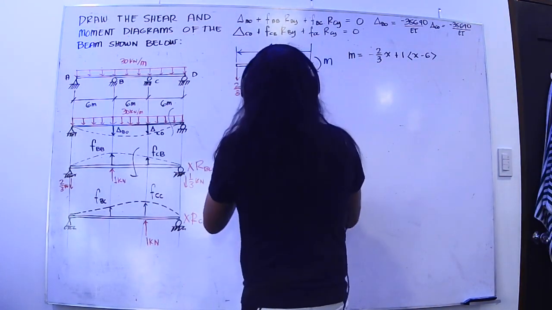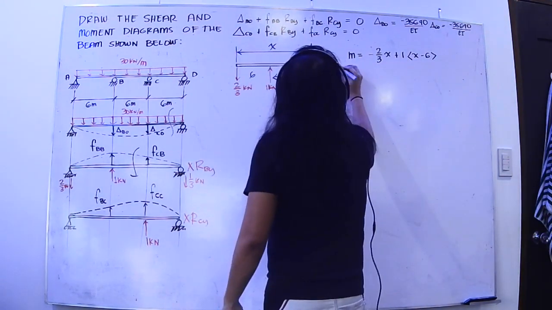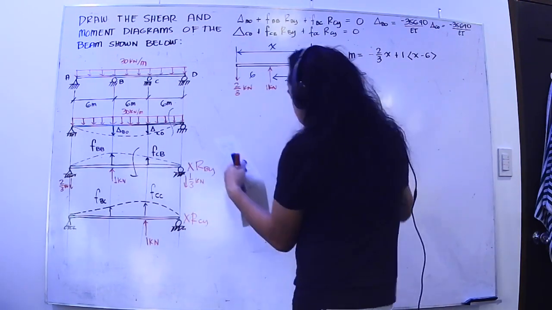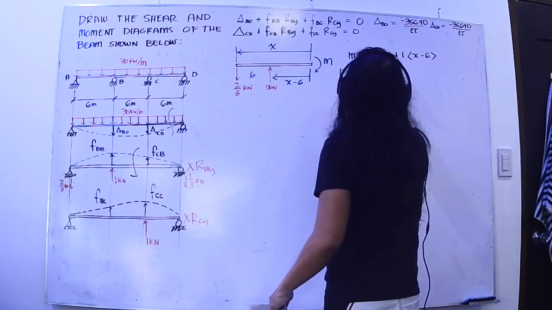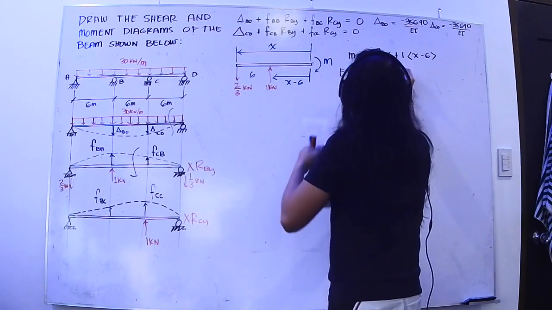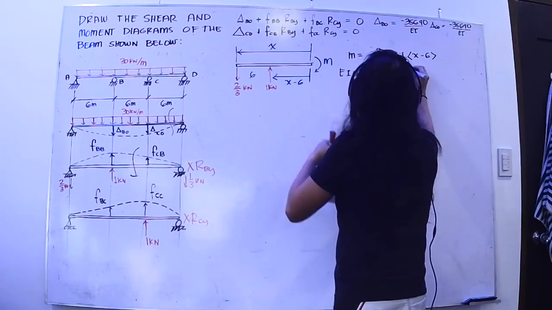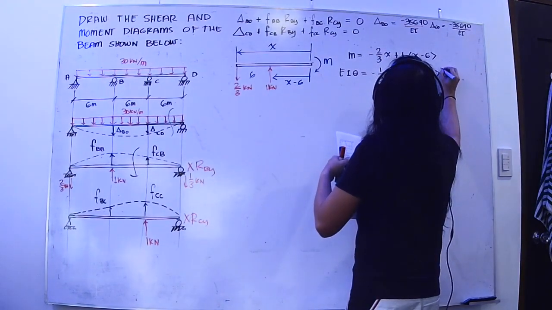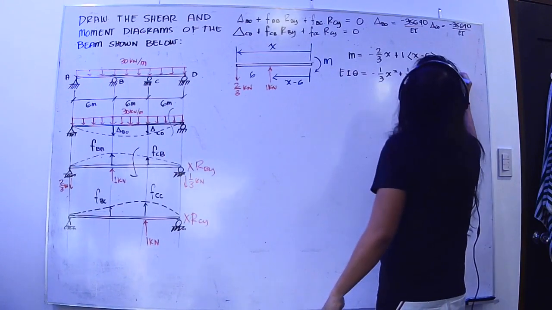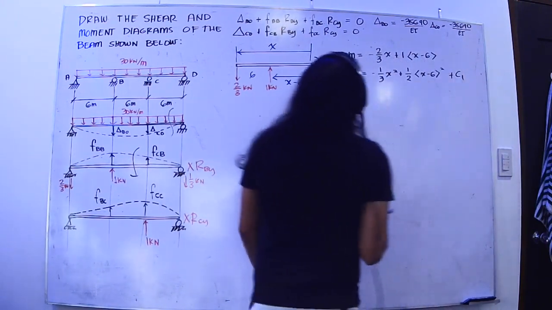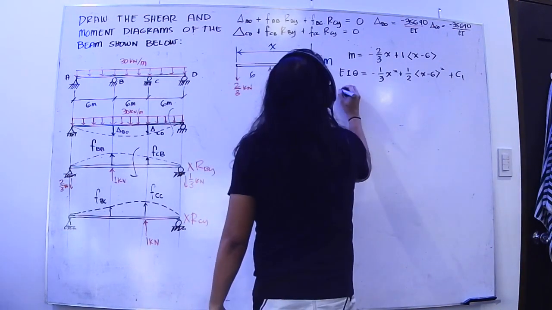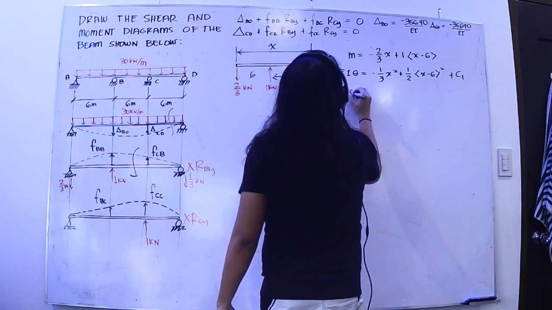Okay, so we have the moment. I will integrate that and I will have EI theta is equal to negative 1/3 x squared plus 1/2 of x minus 6 squared plus c1. Okay, so something like this. I will integrate this again and that will give the deflection.